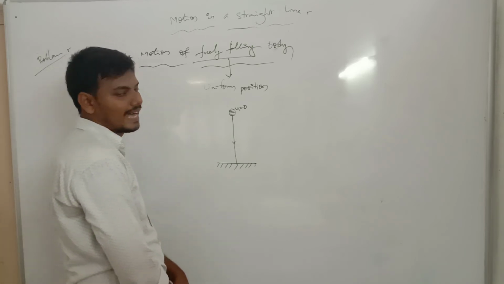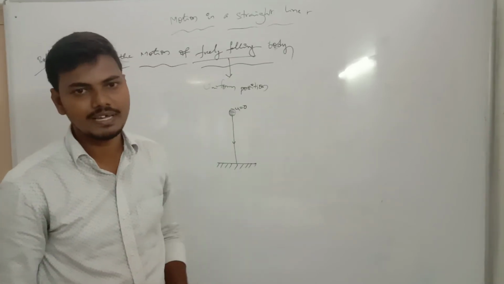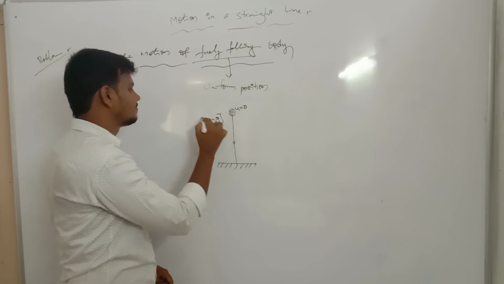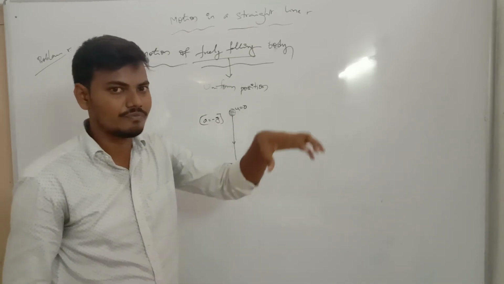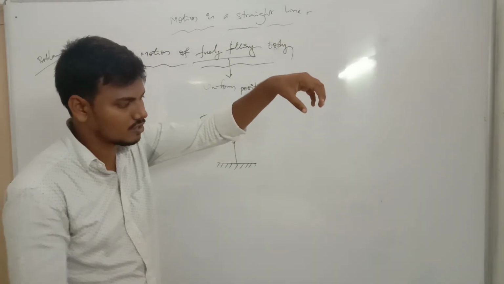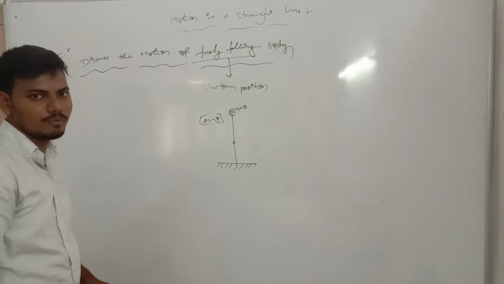Acceleration due to gravity will be applicable in the downward direction. When gravity acts, a is equal to minus g. In the case of an object going in the downward direction, clearly we observe that a is equal to minus g.